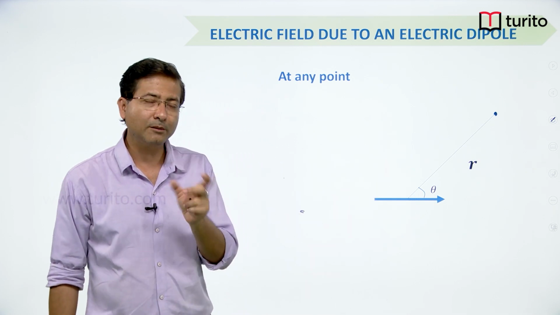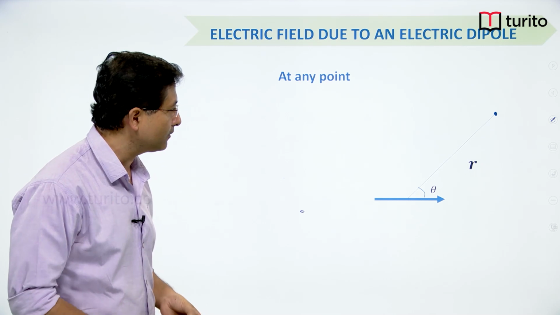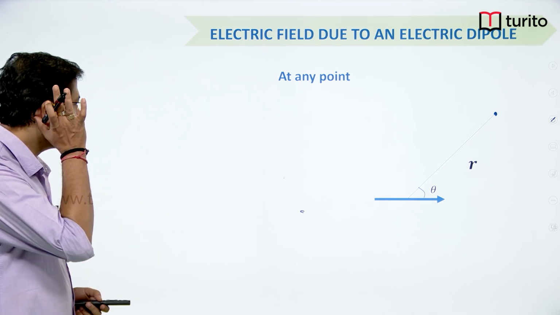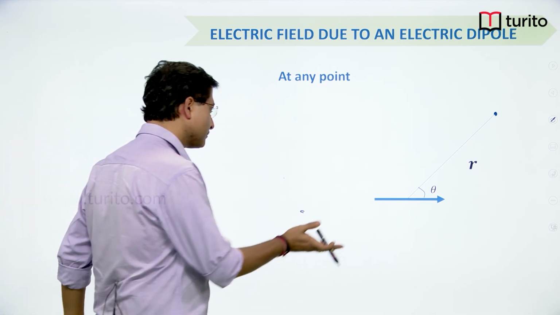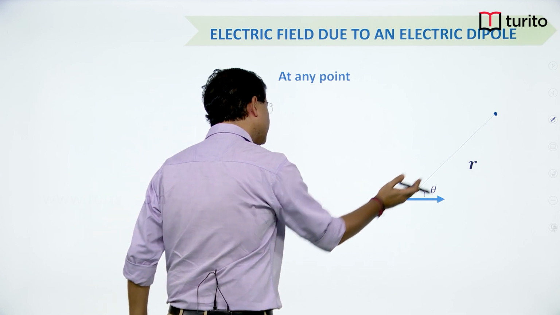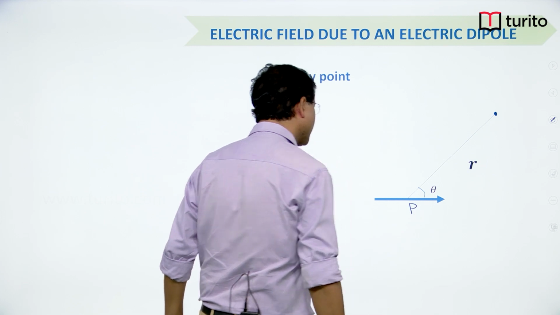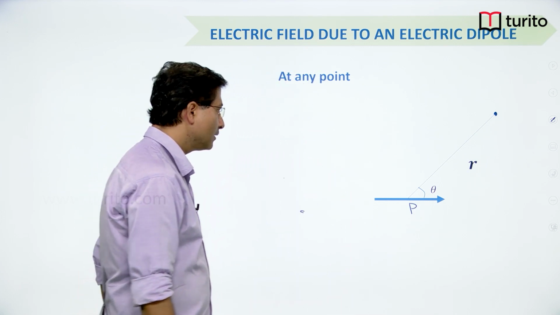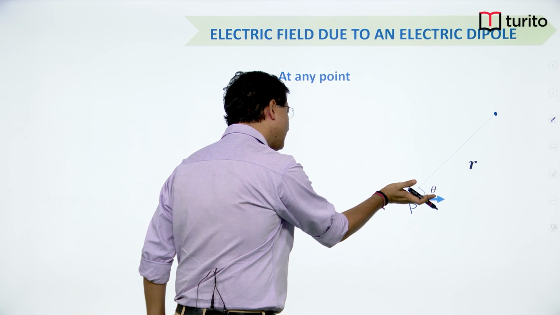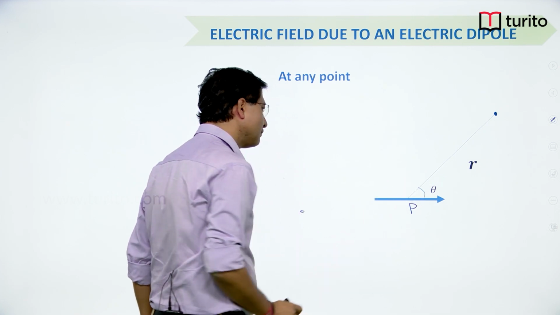So in two mutually perpendicular directions I can resolve the component. The one which is coming along the line joining, if the dipole moment of this one is P, the component of this dipole moment along the line joining will be P cos theta.